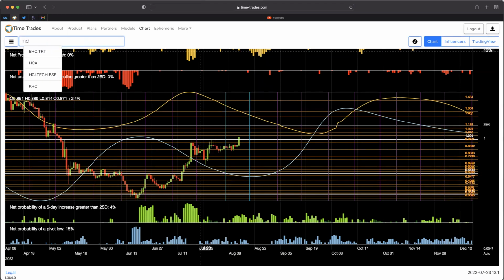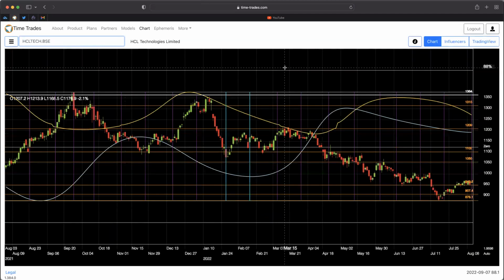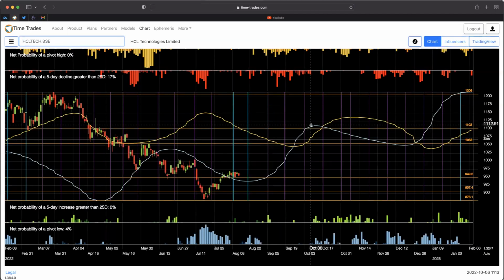And we're going to wrap things up with a look at HCL Technologies. This is the stock on the National Stock Exchange that we've been following. It's kind of been going sideways here for the past week. It's not looking super strong, to be honest. We've got more bias down than up.